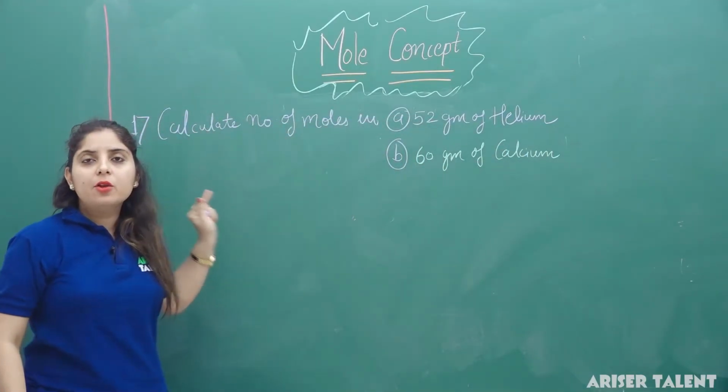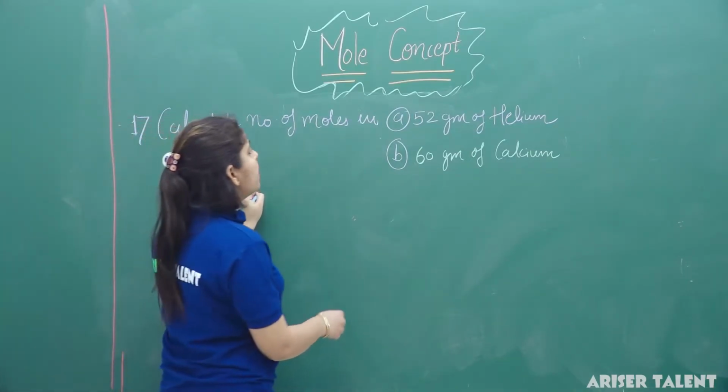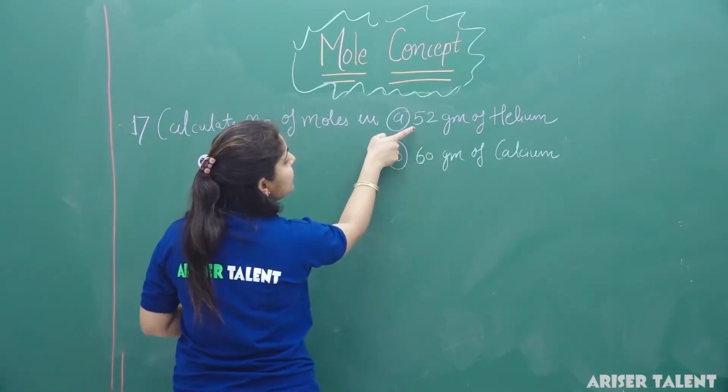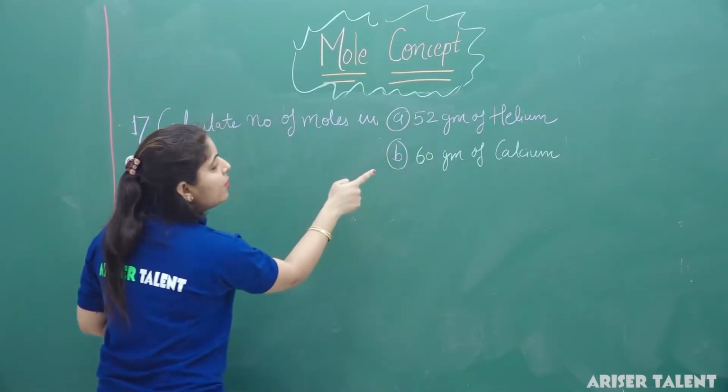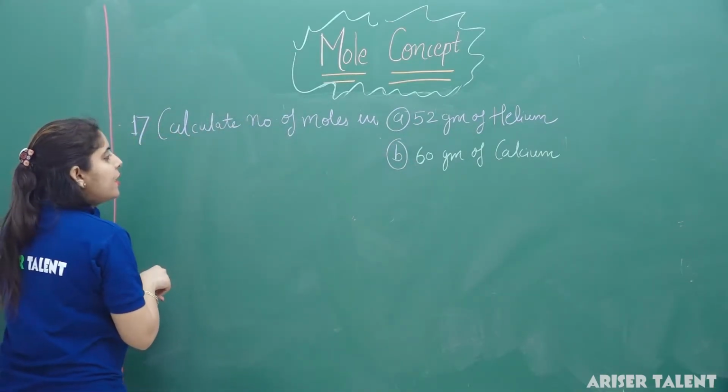Suppose we have to calculate the number of moles among these two quantities. So, in the question we have to calculate the number of moles, and the quantity we had given here is the total weight of both the elements. So, we will calculate the number of moles over here.